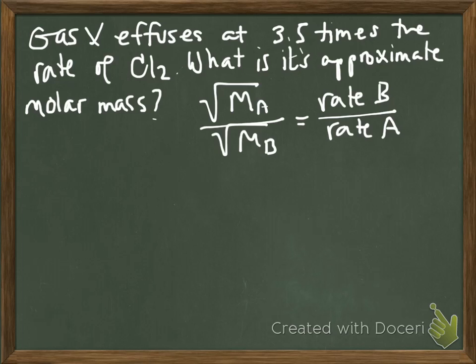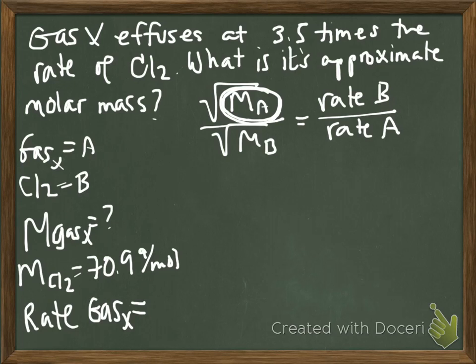You can always set it up so you're solving for this. If you're solving for the one in the denominator, it's your own darn fault because you set it up that way. So in this case, we're going to assign gas X is A and our Cl2 is B. And I'm just making that note to myself. You don't have to do that.